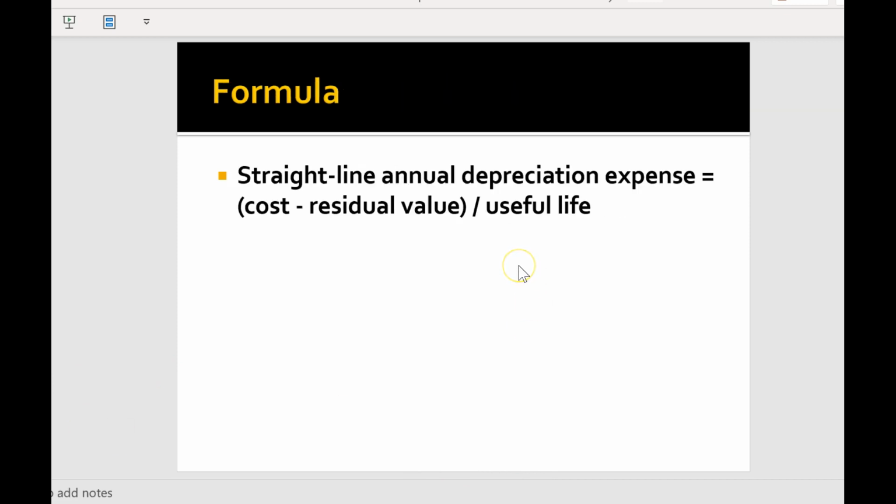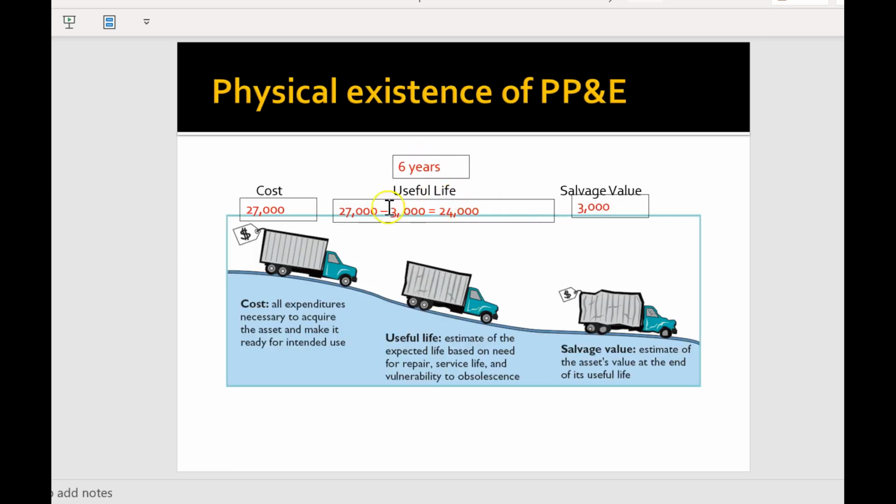So the formula to calculate straight line depreciation expense would be the cost minus residual value divided by the useful life, which means over the 6 years, if we use this asset evenly, how much are we going to use up each year? That would be 24,000 divided by 6 years, 4,000 per year.